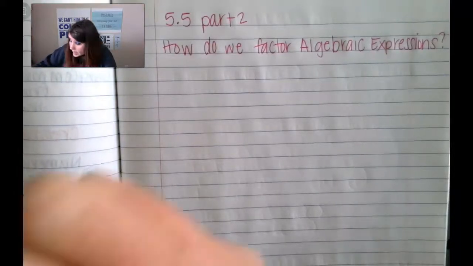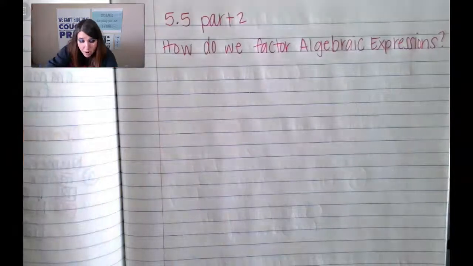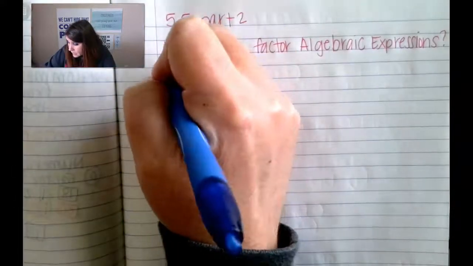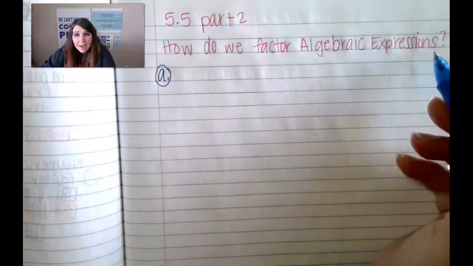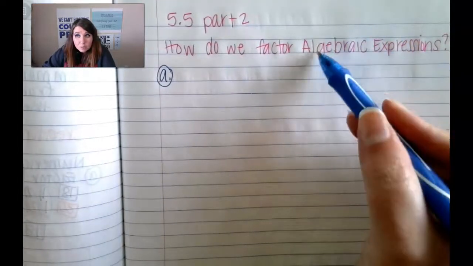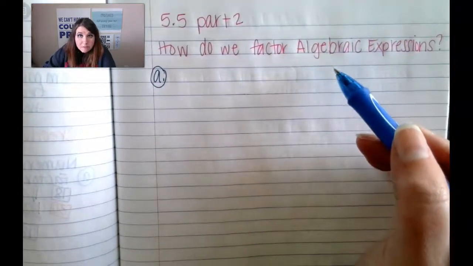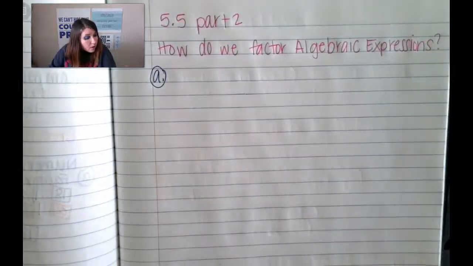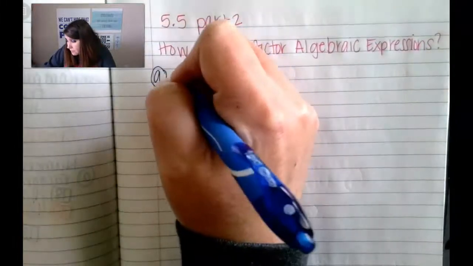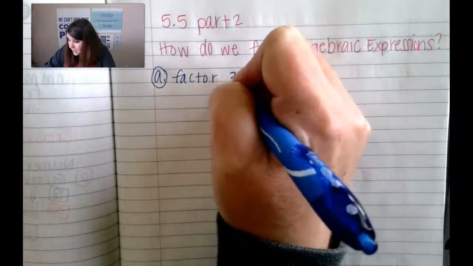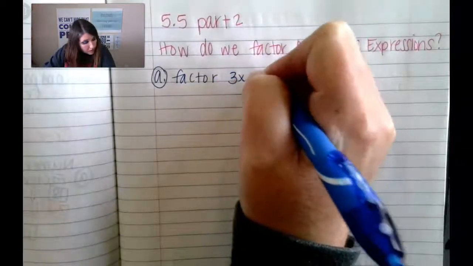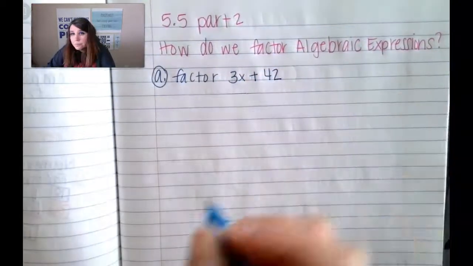All right, so let's say that I have a problem that looks like this. Because we know algebraic expressions are going to have letters, because algebra equals variables. So this problem says factor 3x plus 42.